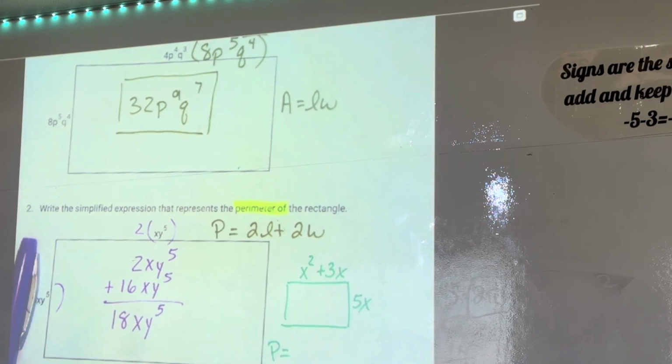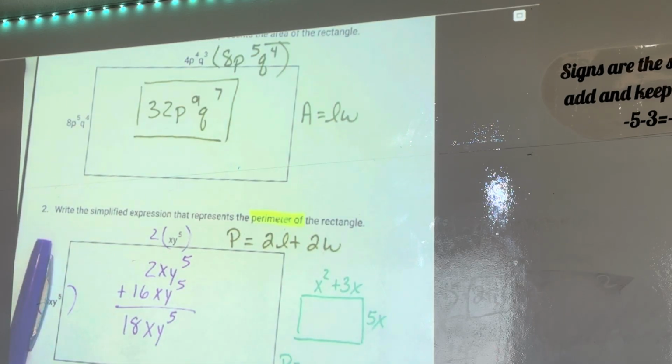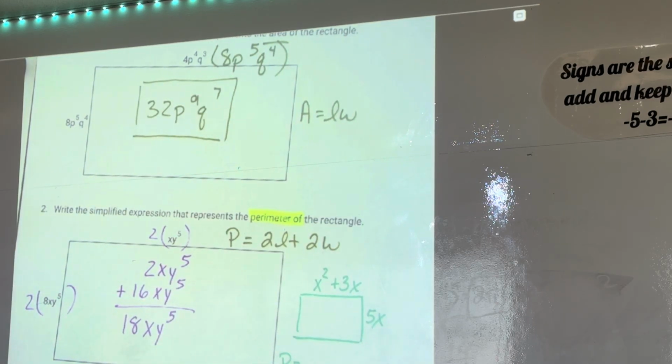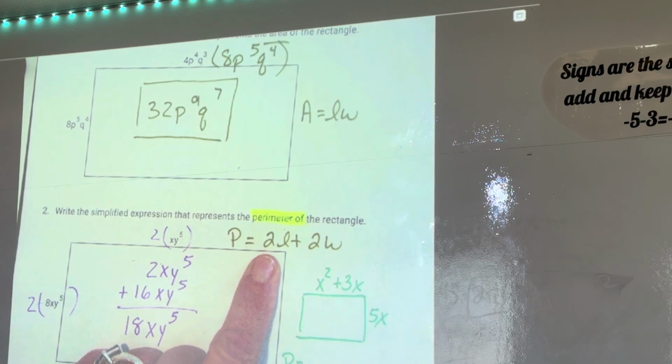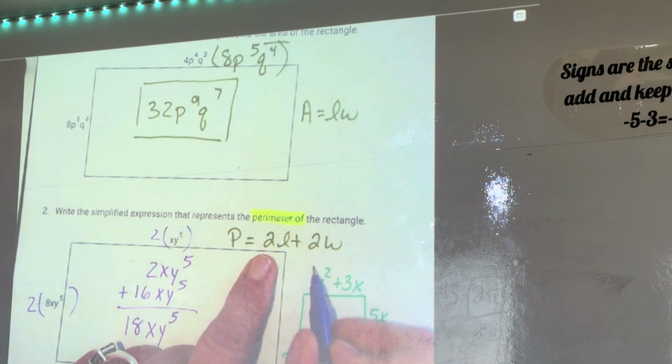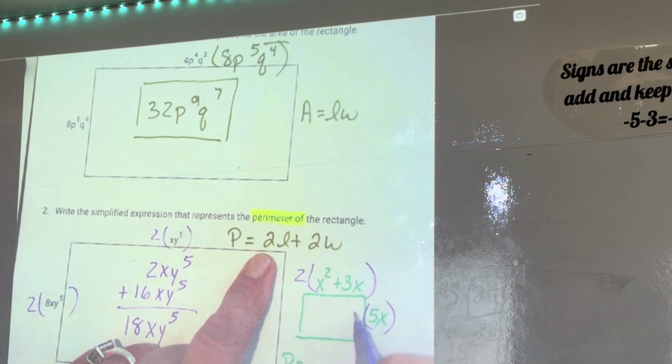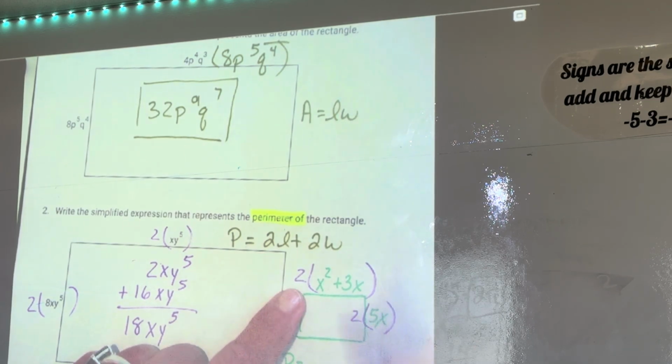Okay, so the perimeter we're going to multiply times what? 2. So we're going to take the top and multiply times 2, and take the side and multiply times 2. So when you multiply times 2, we are going to do what? Starts with a D.